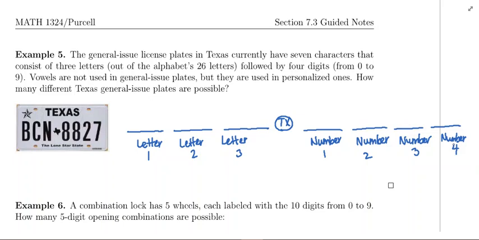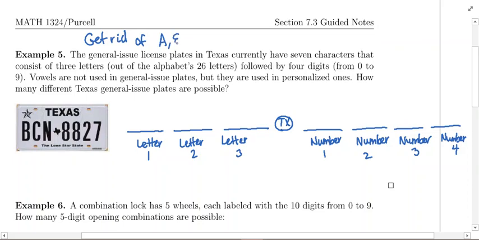That's 26 capital letters, but we have to take out the vowels: A, E, I, O, and U, the standard vowels. So there are 5 vowels, and there are 26 letters in the alphabet total. We have to subtract out the 5 vowels. So for each letter, we have 21 choices to choose from.